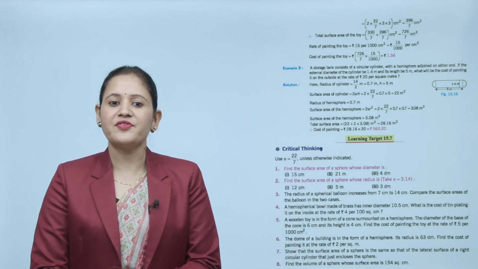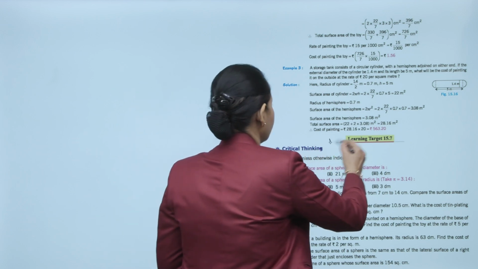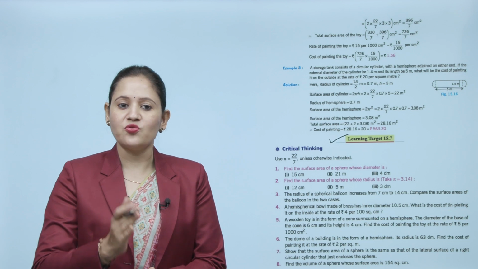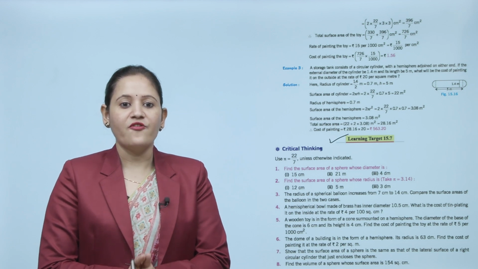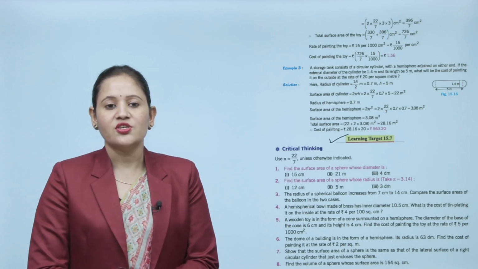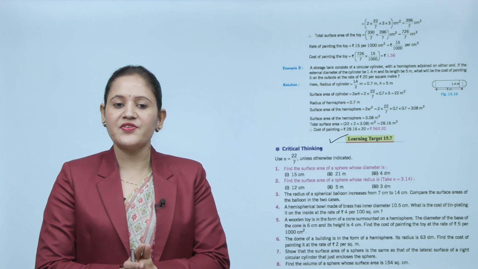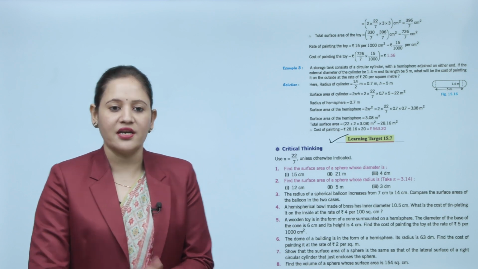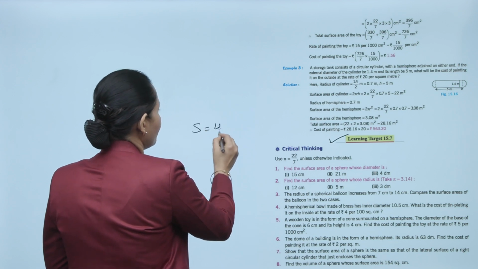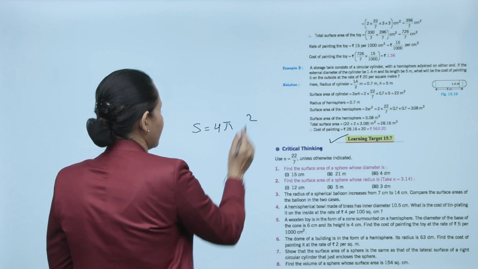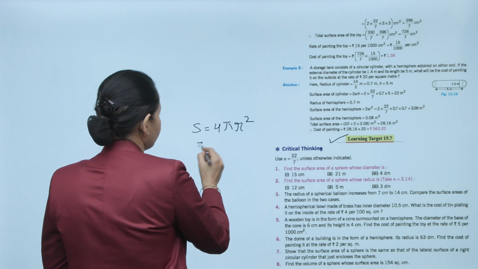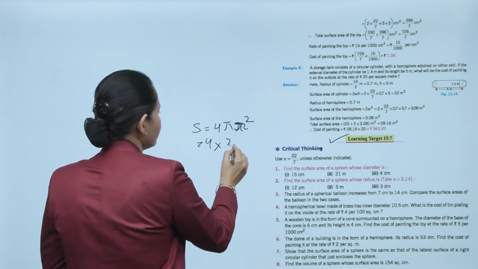Next, learning target 15.7. Critical thinking. Use pi as 22 upon 7 unless otherwise indicated. Find the surface area of sphere whose diameter is given 15 centimeter. So we have to find out the surface area. Surface area क्या हो जाएगा? 4 pi r square. Surface area equals to हो जाएगा 4 pi r square, 22 upon 7.